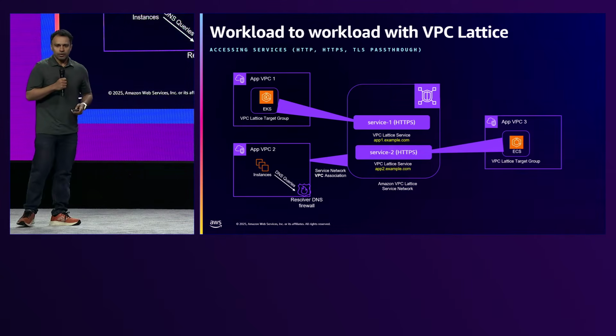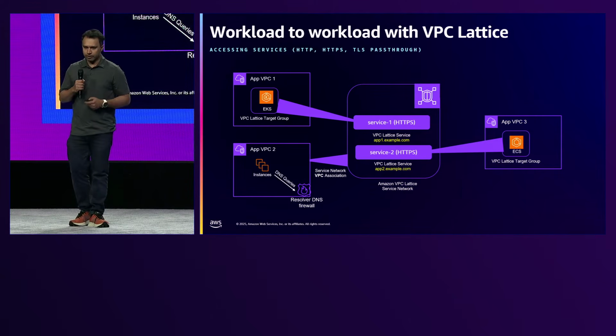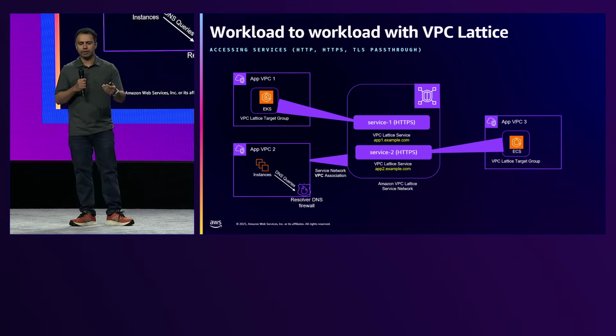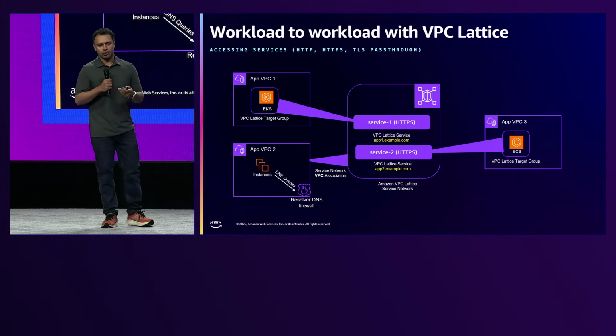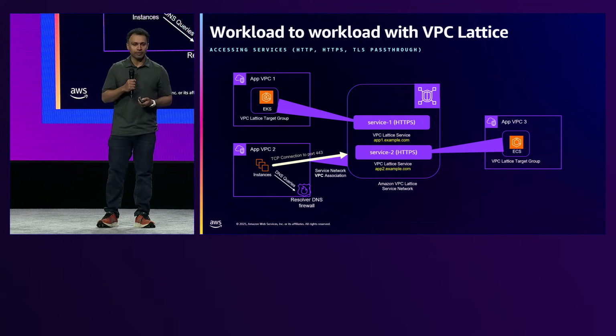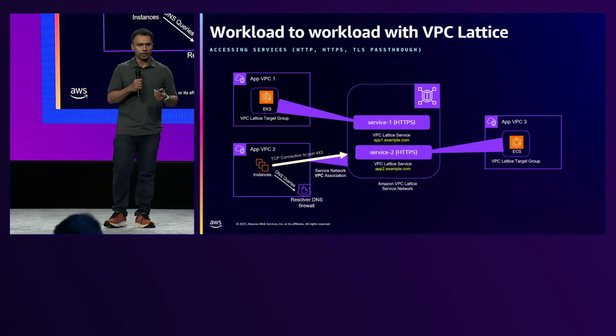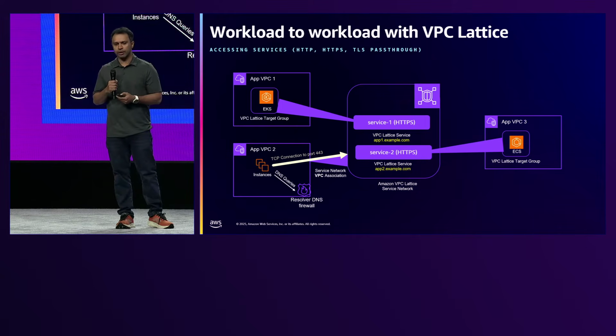All right. So let's expand your use case. So earlier we saw how you had one service. Let's say another application team wants to onboard their service onto Lattice. So you onboard that service, service 2, onto the VPC Lattice service network. From a data path perspective, everything remains the same. Your instances or your consumers want to access service 2 this time. So they open a TCP connection to port 443.